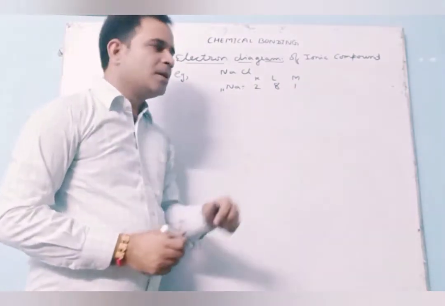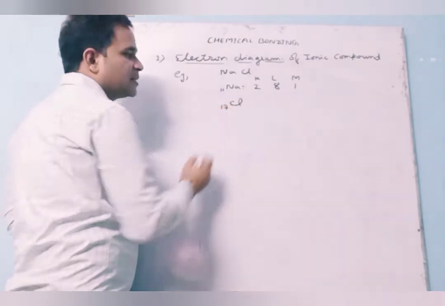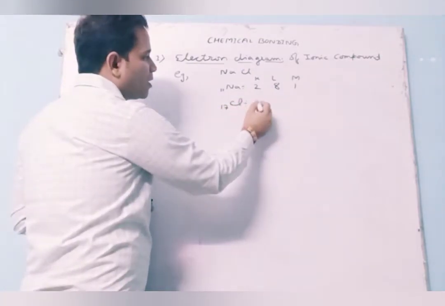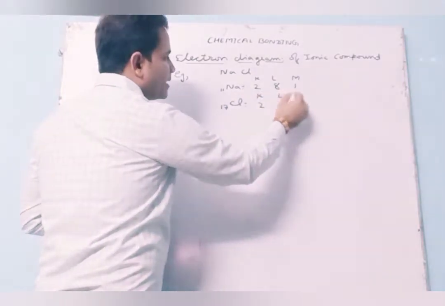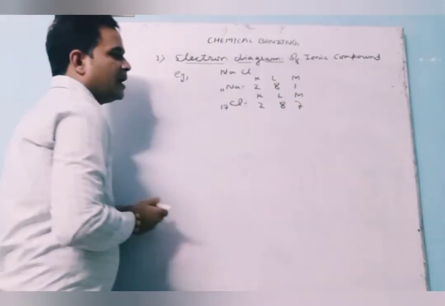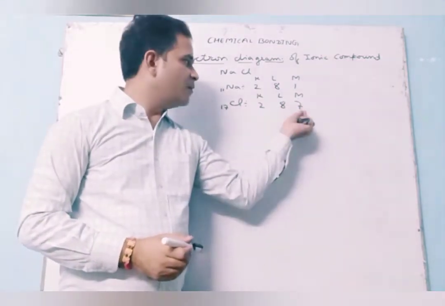Next, chlorine has atomic number 17, so the electronic configuration is 2, 8, 7. Here we see 7 electrons in its valence shell.